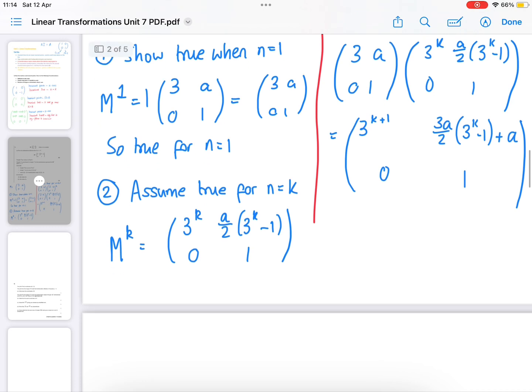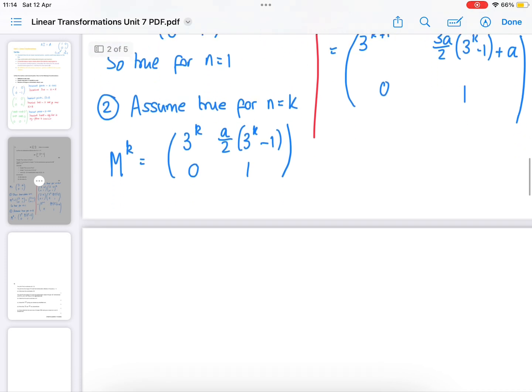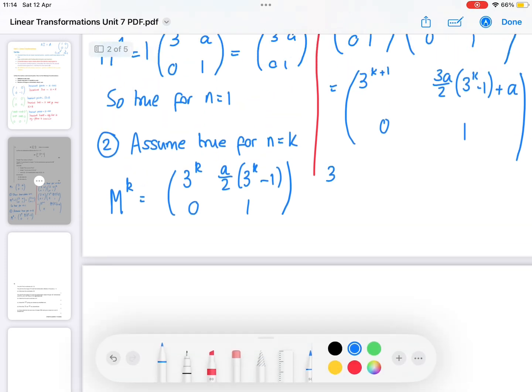And for the expression here, 3a over 2 times 3 to the k, add a, that's the same as a over 2 times 3 to the k plus 1. Oh, my bad. This was supposed to be a minus, not a plus. Minus 1. Times 3 to the k plus 1 minus, then we'll have a over 2.